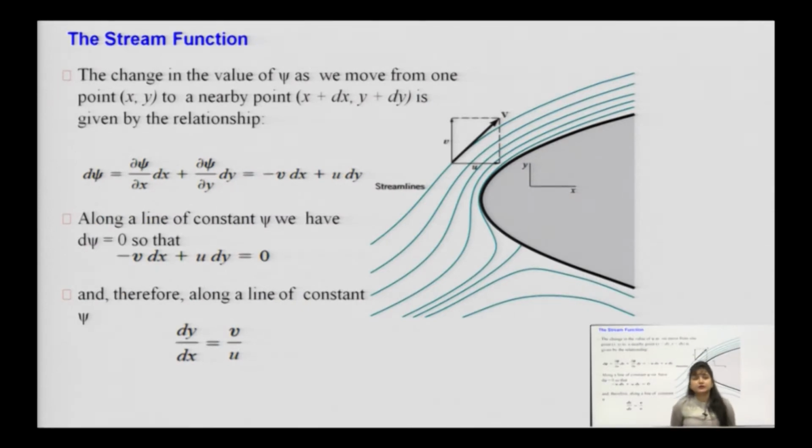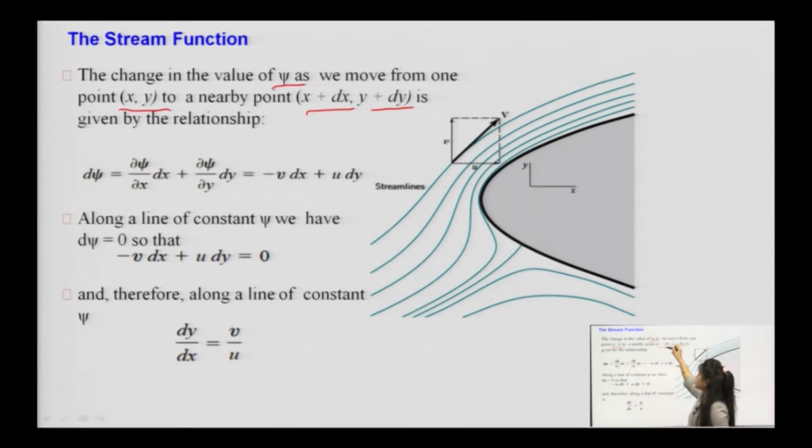Now coming to the velocity changes or velocity functions, you can see the change in psi is being represented by x, y at one point and x plus dx and y plus dy at another point.